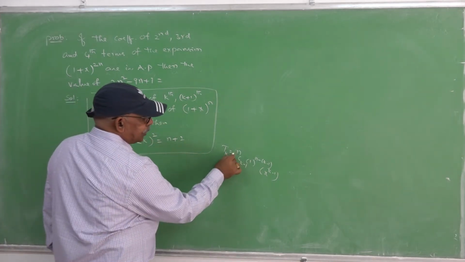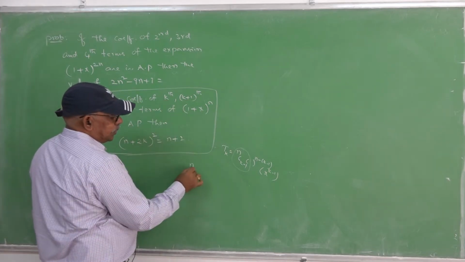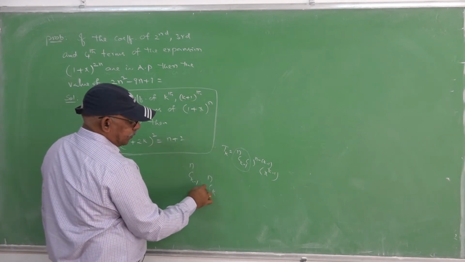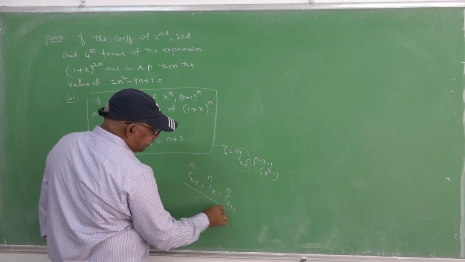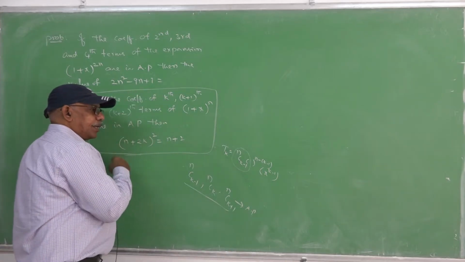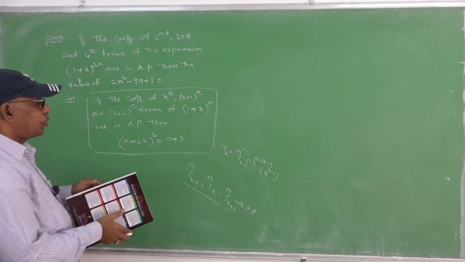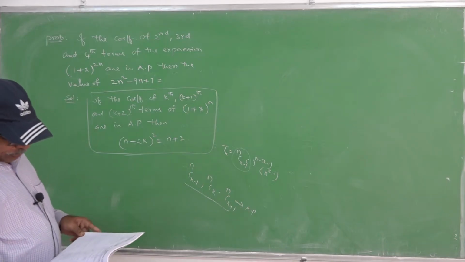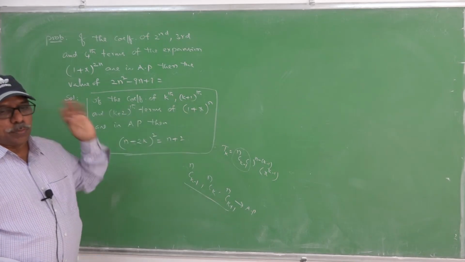In this term, the coefficient is nC(k−1). So the coefficient of the kth term is nC(k−1), the coefficient of the k plus 1th term is nCk, and the coefficient of the k plus 2th term is nC(k+1). If these three are in AP, then the relation between n and k is given by (n − 2k)² = n + 2. That is the result related to (1 + x)^n.